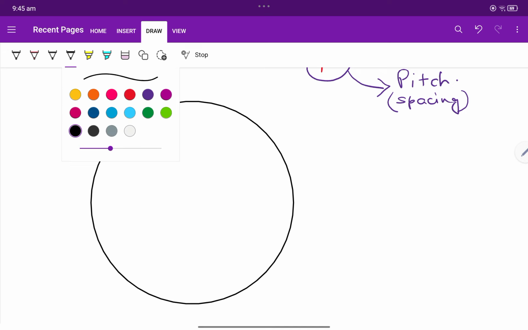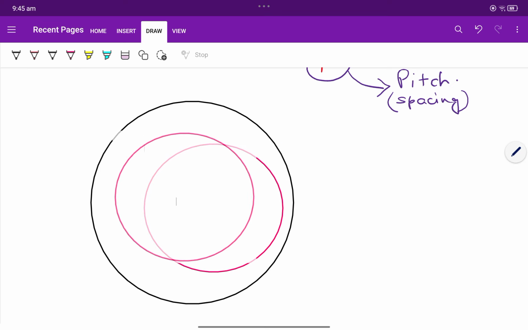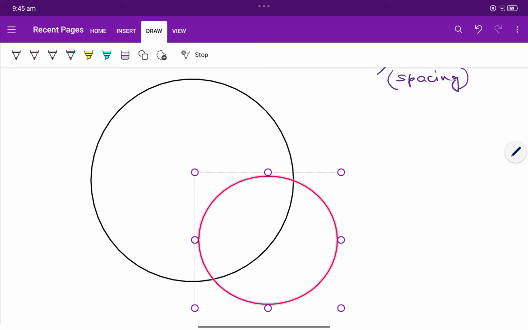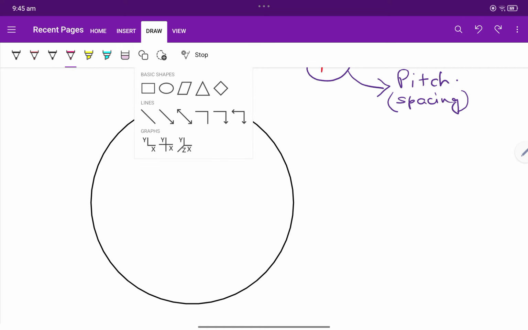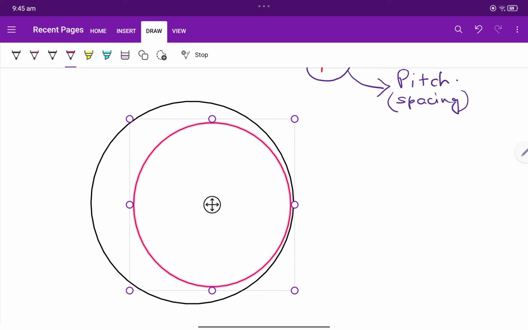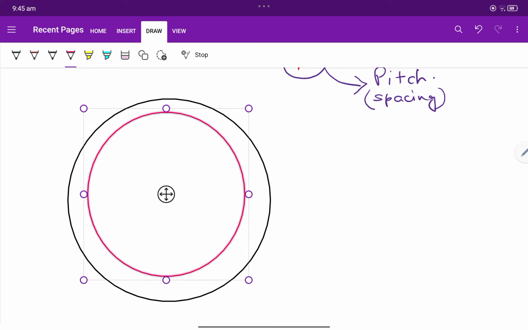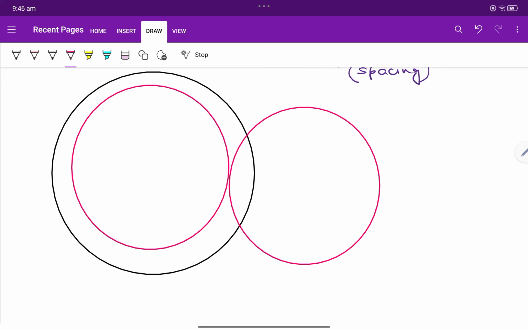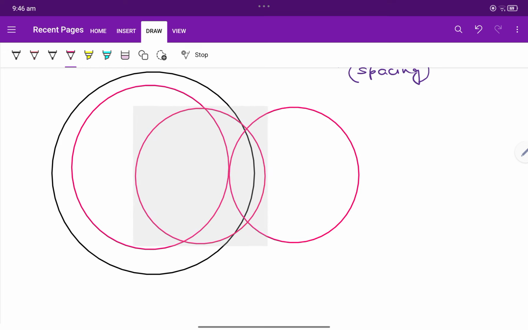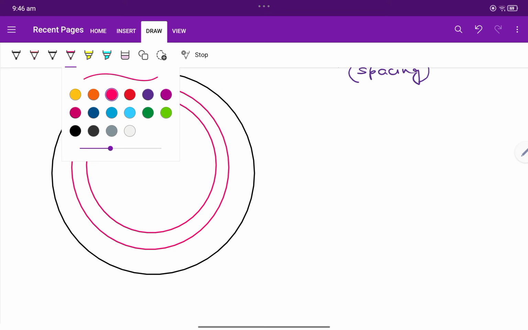Now we will draw another. Okay, so now we will see what the things are.